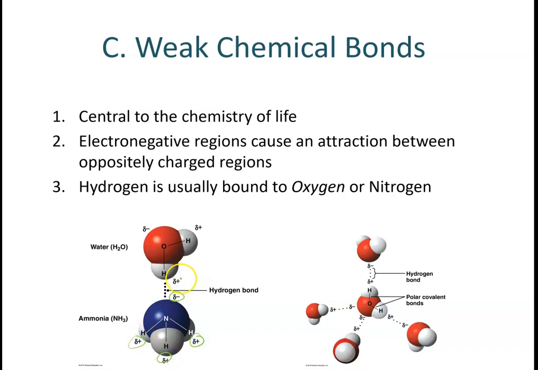And so the positive hydrogen region of the water can interact, not form a bond with, but sort of form an attraction with the negative region of that ammonia. And we form something called a hydrogen bond. Now, that hydrogen bond is really just an attraction between the positive region of hydrogen in these molecules and the negatively charged region in another molecule.